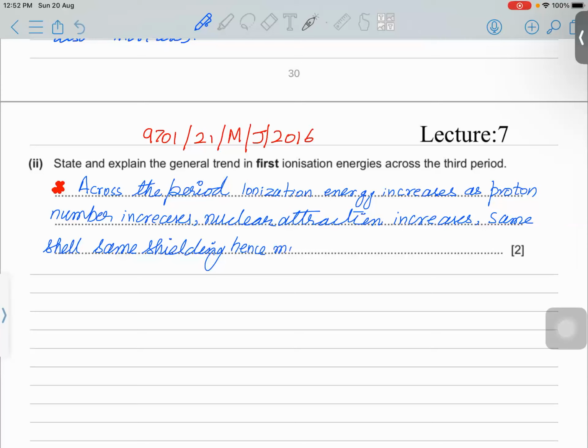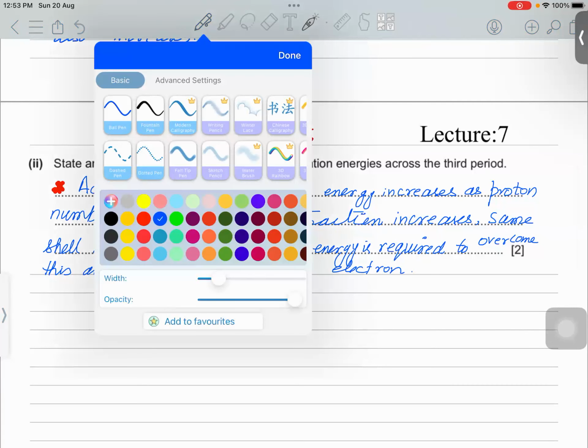Hence, more energy is required to overcome this attraction to remove an electron.